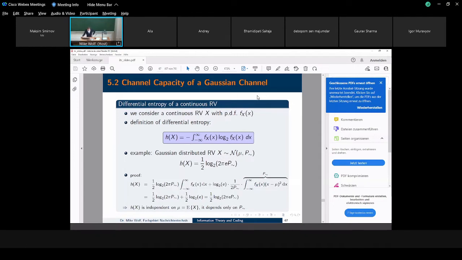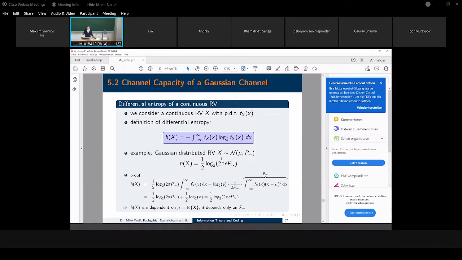So I just write this down, and the most important thing is that if you have a second moment constraint, so an average power constraint, and the random variable where we measure the differential entropy is Gaussian distributed, then it achieves the highest possible differential entropy under this average power constraint. So there is no other distribution at this average power which leads to this differential entropy, okay?